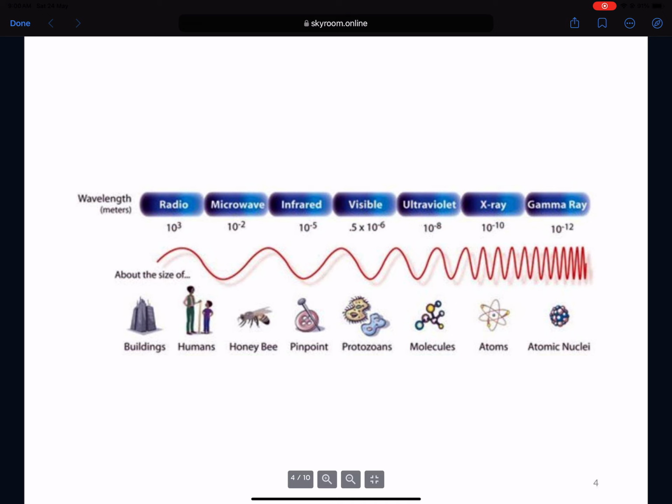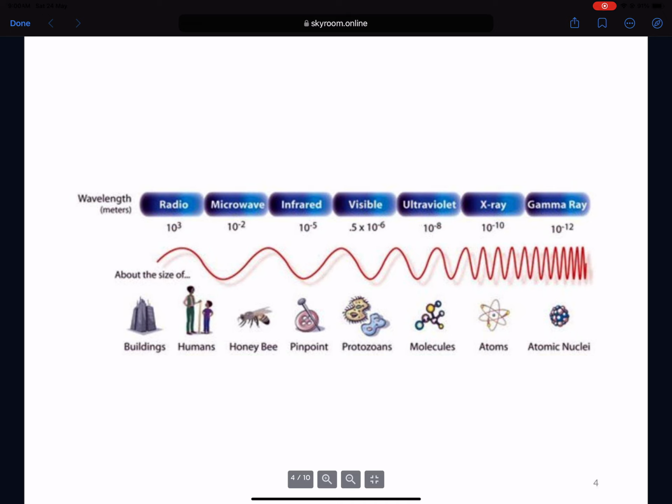And also, for a better understanding, there are cartoons or very simple schematics put on each section. For example, the radio wavelength is compared to the height of buildings, or the microwave, which has a shorter wavelength compared to radio frequency, is compared to the height of humans, for example, about 1 meter, 1 and a half meters, 2 meters, or something like that.